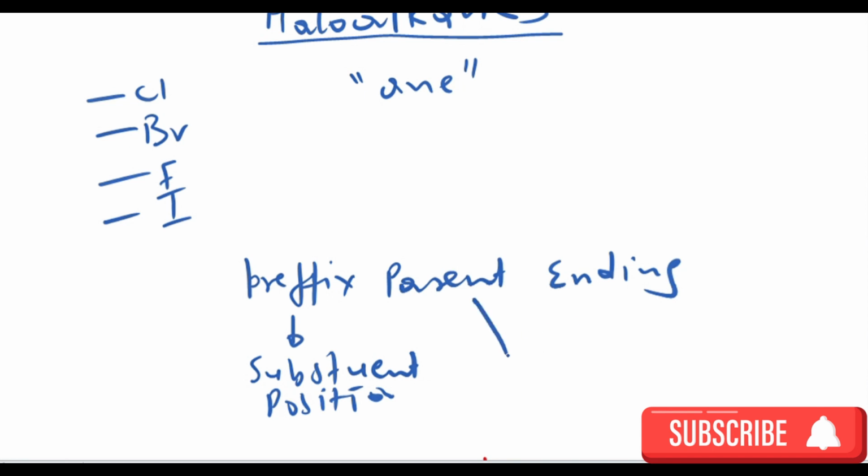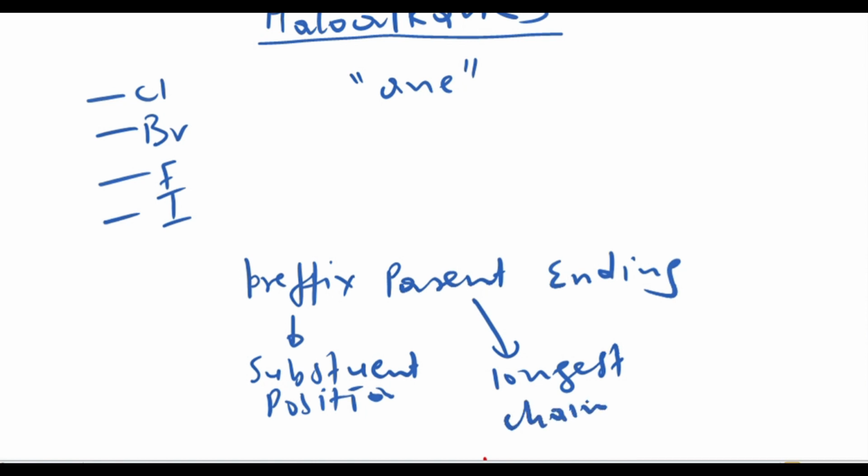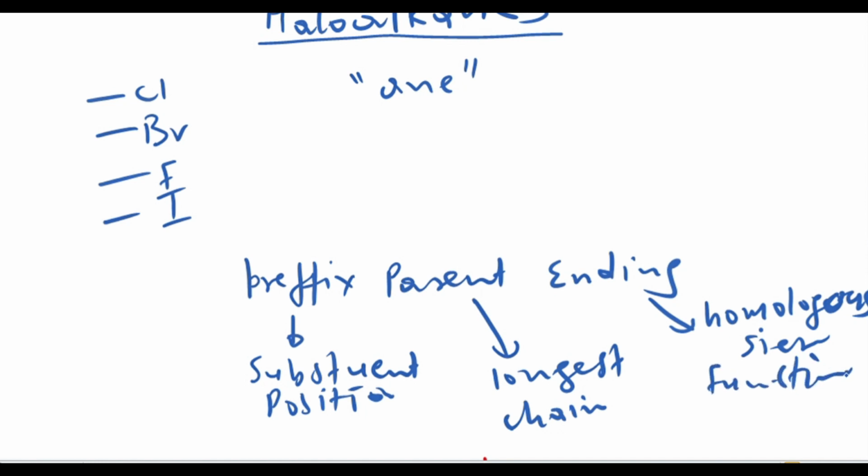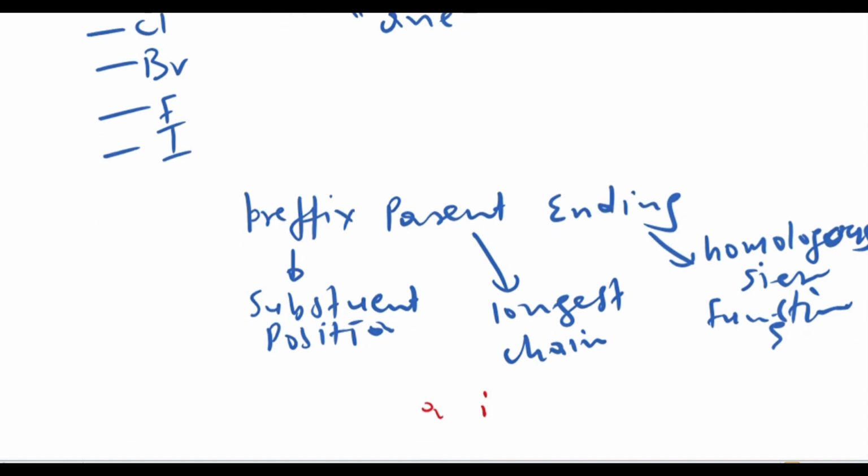The parent is the longest chain. Then the ending represents the homologous series, as well as the functional group. Okay, so let's quickly go to the example.